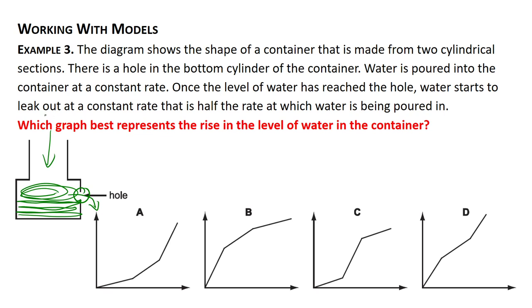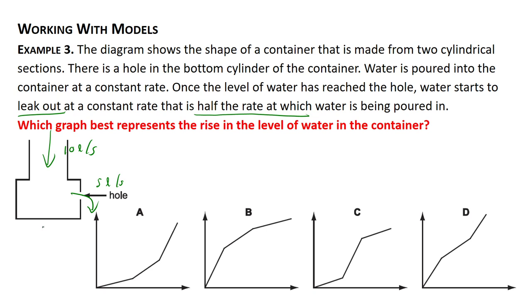The water starts to leak out at a constant rate that is half the rate at which water is being poured. So, for example, assuming that the container is being filled at 10 liters per second, water is leaking out at a rate of 5 liters per second.